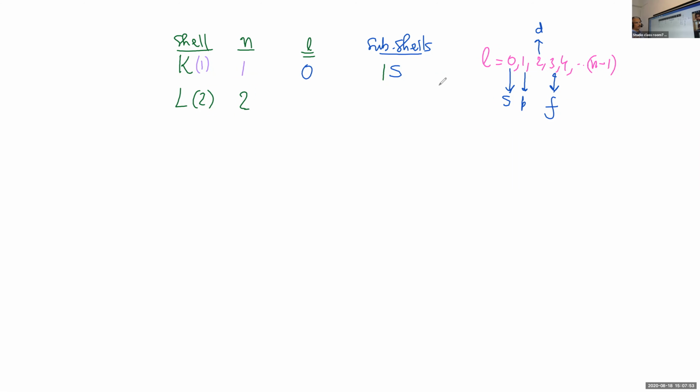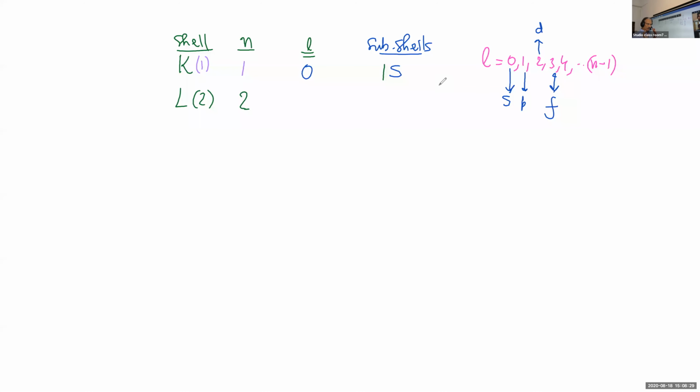Do you follow this? We start from 0 and we have to end with n minus 1. For the L shell, the principal quantum number is equal to 2. How many L values are possible? The number of L values will be the same as the principal quantum number. So, 2 L values are possible.